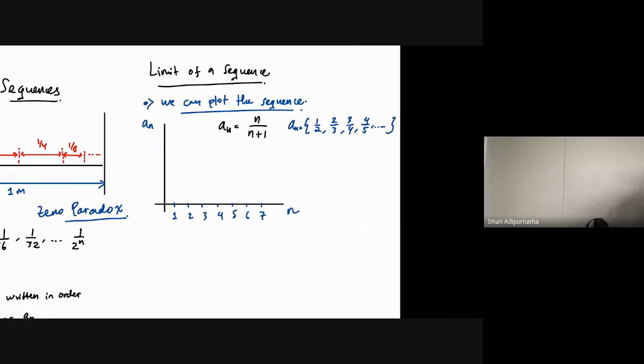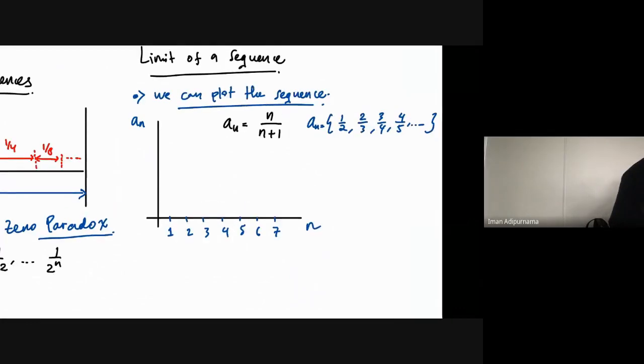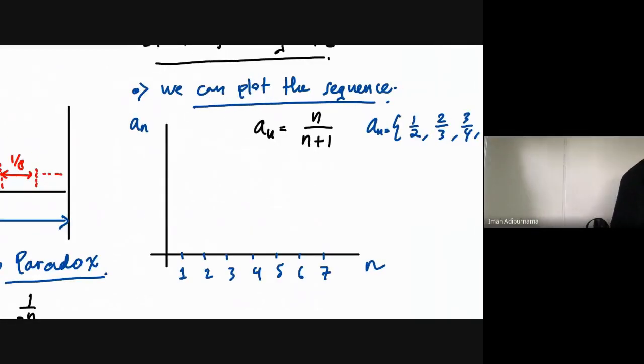To give you good proportions, let me draw 1 here, and give you a different color. So maybe 1/2 is here. So this is n equals 1 and 1/2.